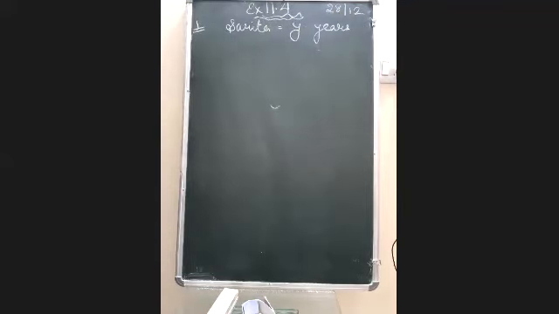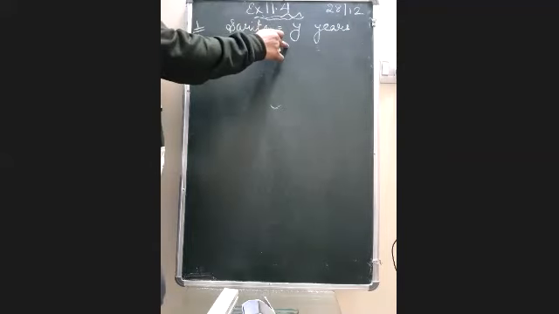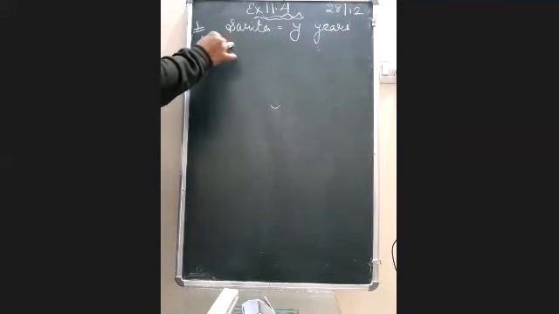Now you have to also reply to me using your chat box. What will be her age after 5 years? 5 years from now, if she is at present y, what will be the age of Sarita after 5 years?